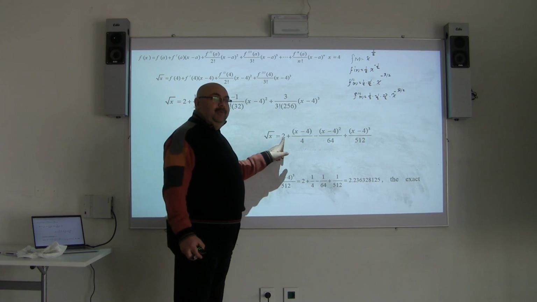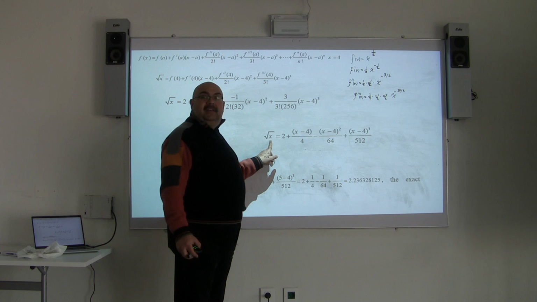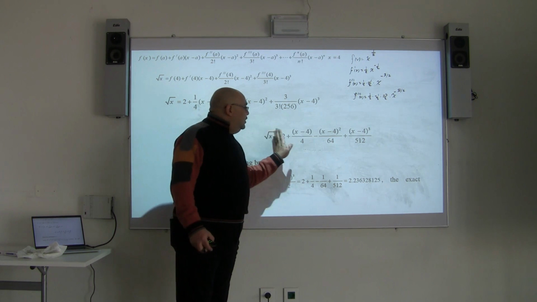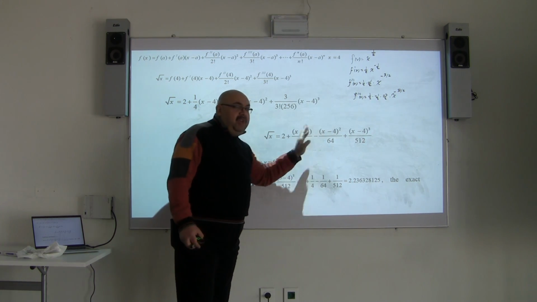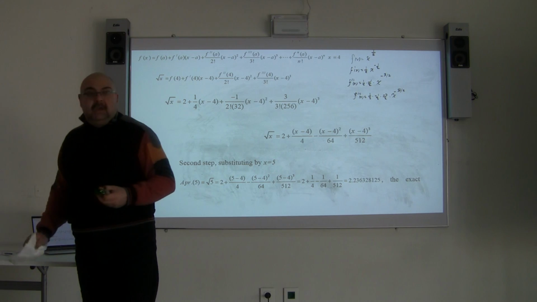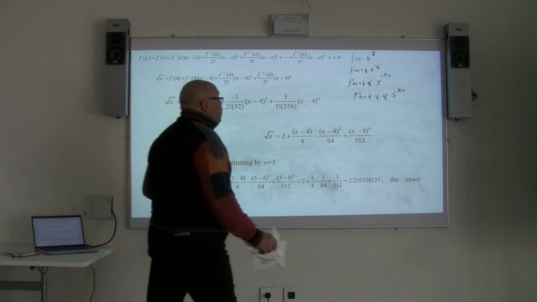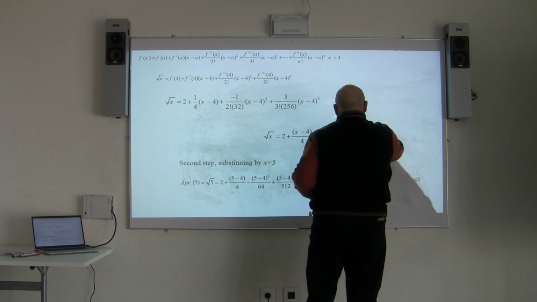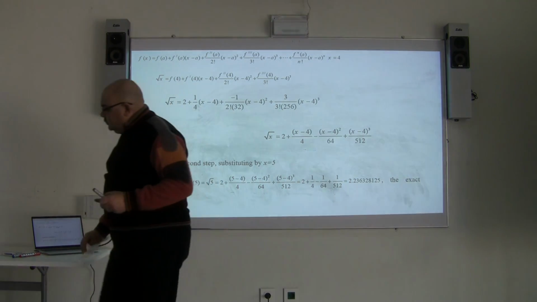X was 9, you will get the value. X was 11, you will get the approximate value. Are you with me? Just replacing every x by the number. So this is why we are using the expansion of Taylor and Maclaurin, and they are very important for us in order to approximate the values.